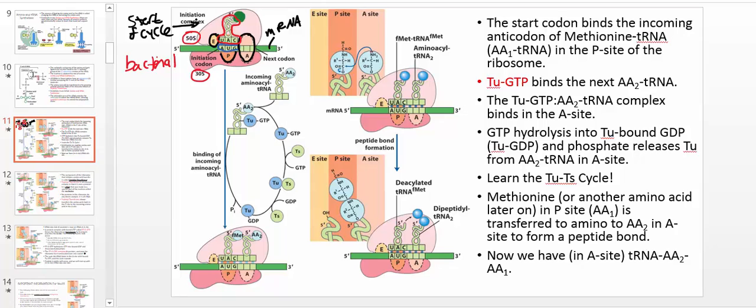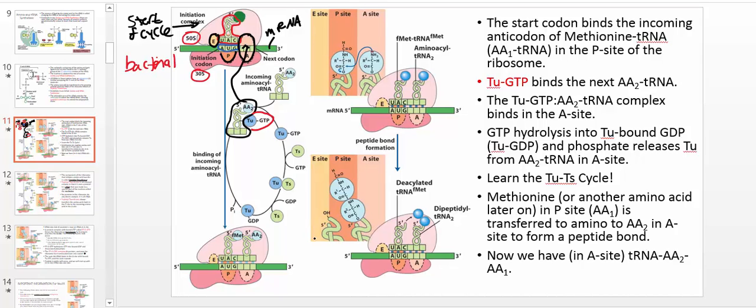Thus, it's the aminoacyl site. So here's my incoming aminoacyl tRNA. But see, it's not as simple as you think. In general, the incoming aminoacyl tRNA needs a little bit of help, and it's going to get that help through a G protein called 2. So literally what 2 does is it facilitates the entry of the aminoacyl tRNA into the A site. That's literally what it does.